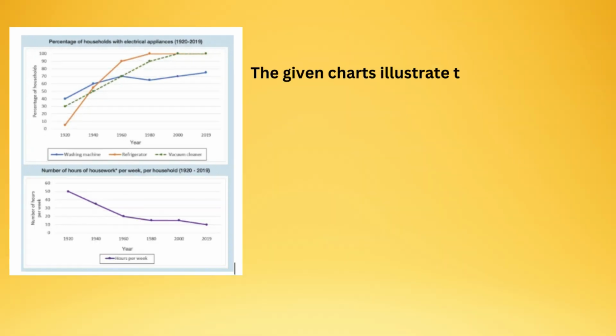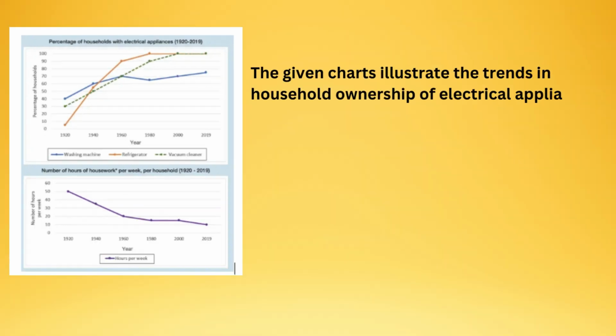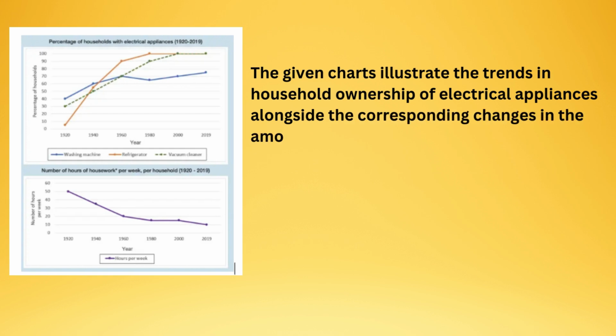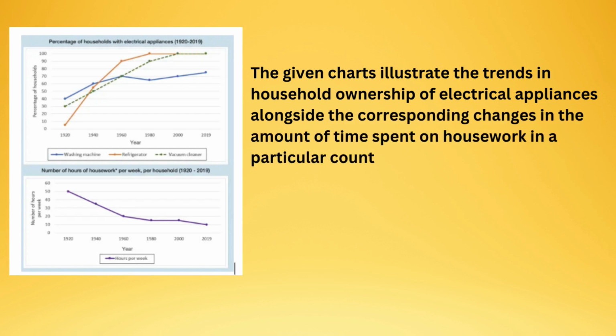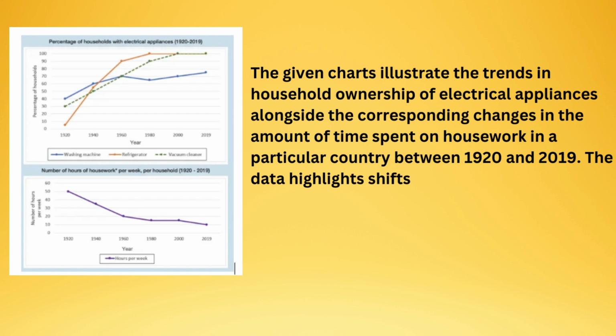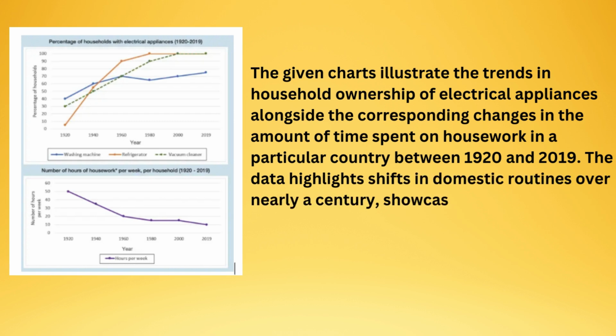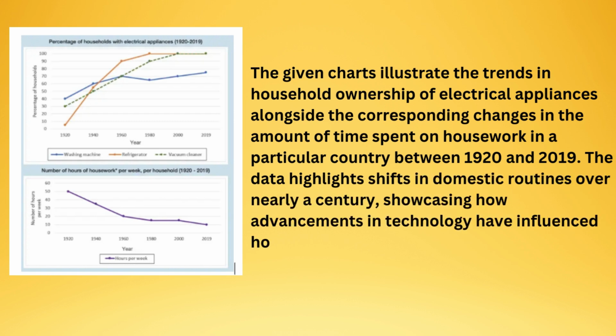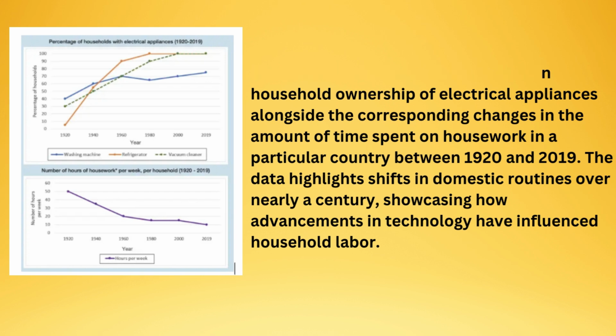The given charts illustrate the trends in household ownership of electrical appliances alongside the corresponding changes in the amount of time spent on housework in a particular country between 1920 and 2019. The data highlights shifts in domestic routines over nearly a century, showcasing how advancements in technology have influenced household labor.